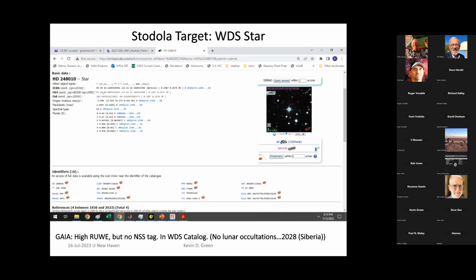But this is the star. There's a WDS number here. There's the Gaia DR2, DR3, but anyway, this is the star. So okay, WDS. Let's go look.